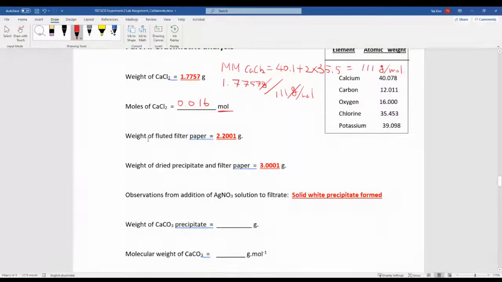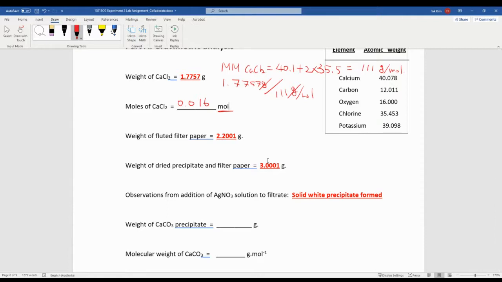And then that is the mass you measured. You weighed a filter paper and you weighed the filter paper plus your precipitate, which is calcium carbonate. The weight of the calcium carbonate precipitate is just a simple calculation, right? That one minus that one gives you the mass of your calcium carbonate.